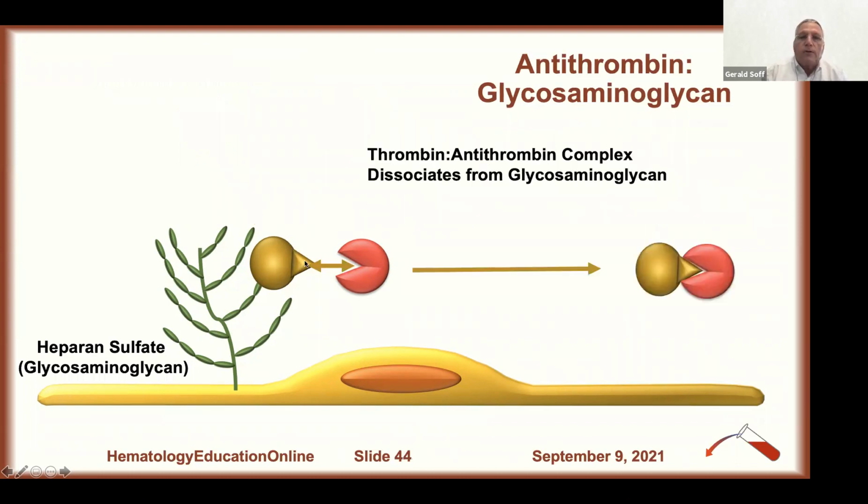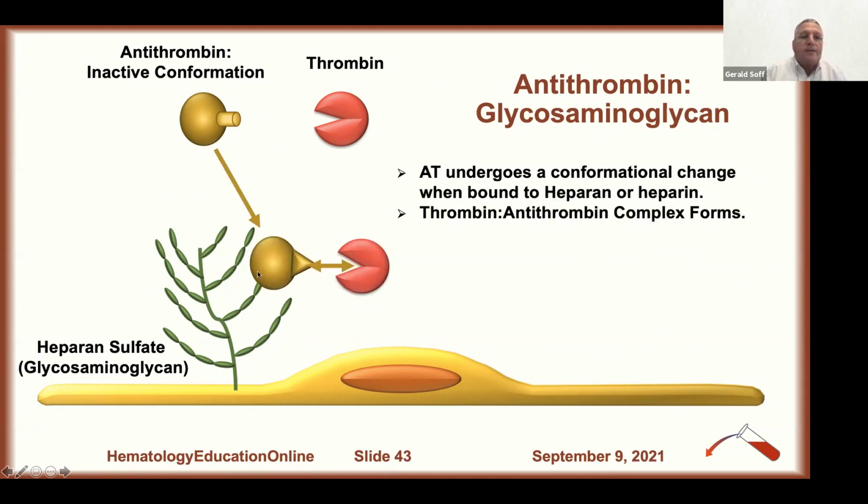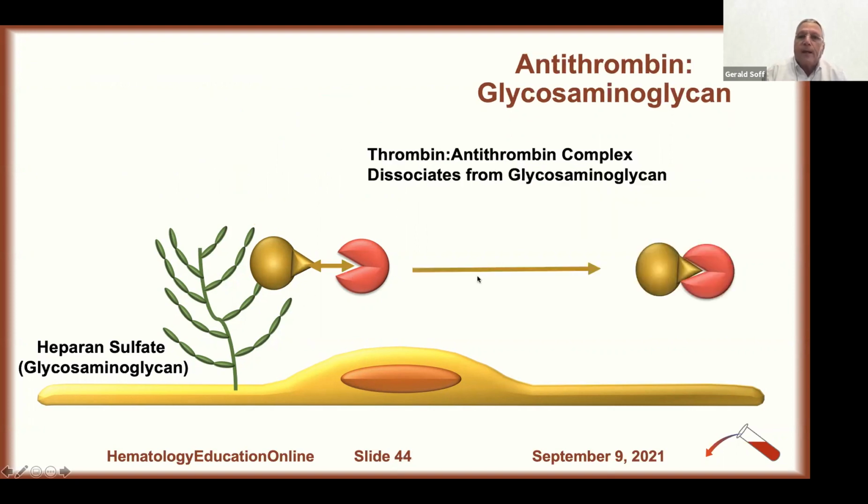And therefore, it neutralizes the enzyme and dissociates from the heparan sulfate, and the complex is then removed from the circulation in the liver. So just to recapitulate, under physiologic conditions, antithrombin in the flowing blood doesn't do anything. When it binds to heparan sulfate or glycosaminoglycan, it becomes activated, a conformational change, I should say, allowing it to bind to and neutralize the enzymes in the clotting system. And then those are cleared.